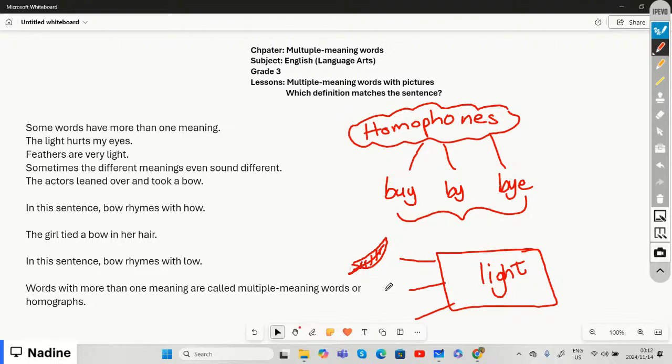And the other meaning may be a light that hurts your eyes. So that is multiple meaning words. It is words that have more than one meaning.